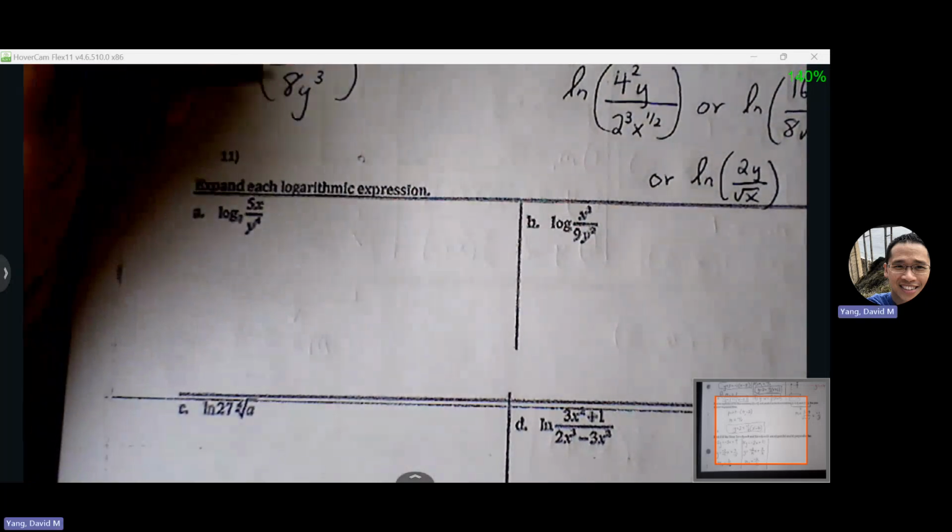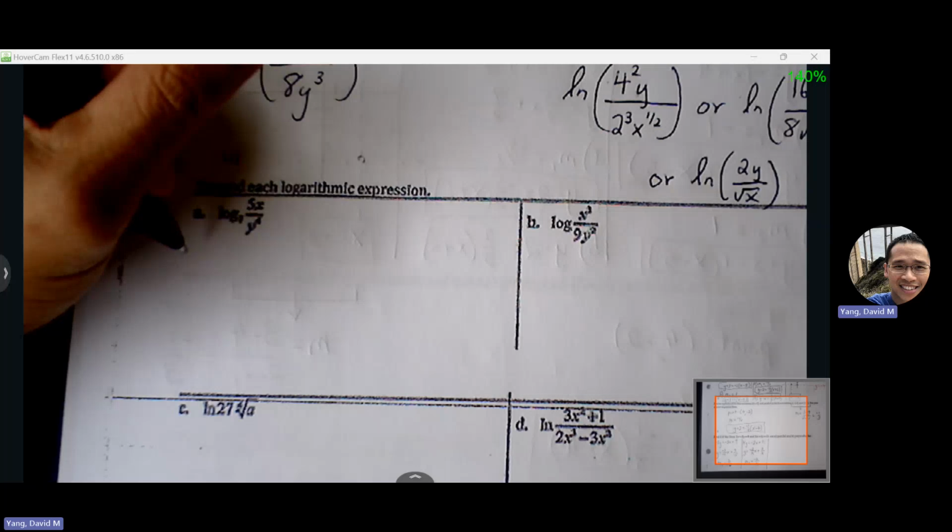Okay, so part A. Sorry, that's a log base 7.